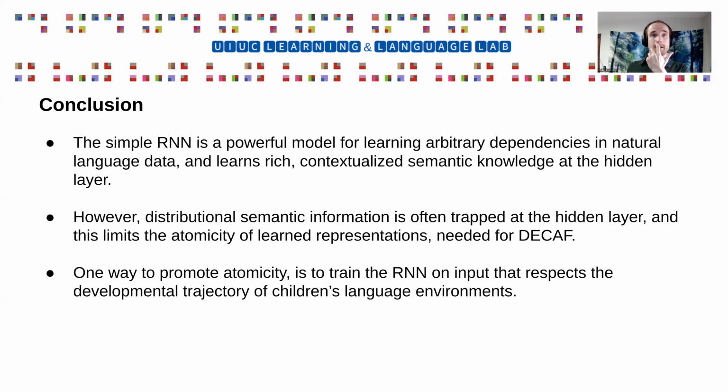And interestingly, one really simple way to promote atomicity is to just train the RNN on input that respects the developmental trajectory of children's language environments. And so my hope is that interventions of this sort, using cognitively, developmentally inspired ideas and findings in the literature to improve how we use connectionist systems, can eventually, hopefully one day, arrive at the full repertoire of language in children.